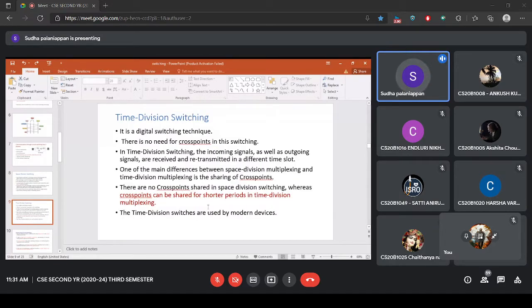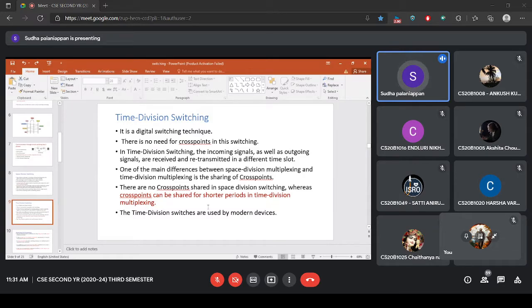And time division switching is a digital technique, and here there is no need for cross points in switching. Cross points are not shared in space division, but here the cross points can be shared for a shorter period of time, so it is mentioned as time division multiplexing.